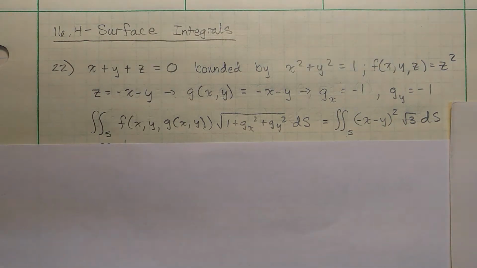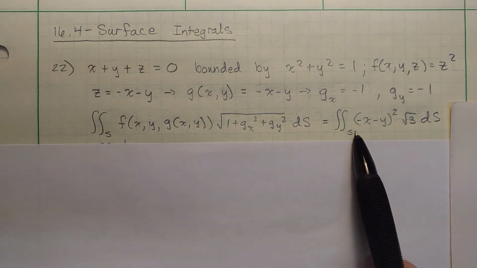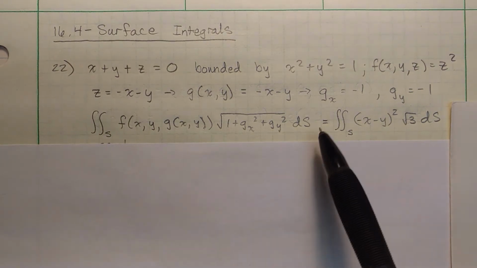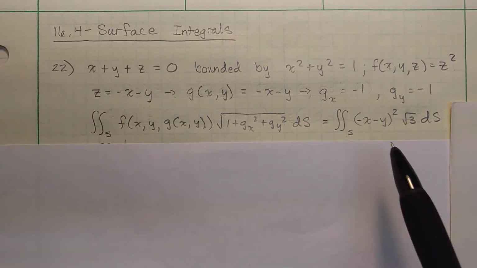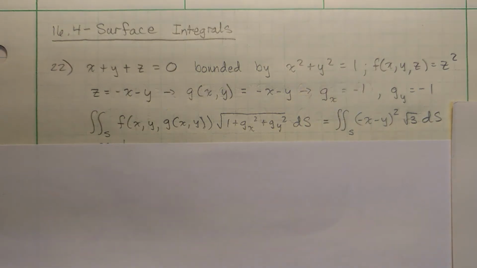Now the last thing we have to do is, the problem here is that this is in terms of x and y, and I don't know the limits for x and y given this situation. Since this is a cylinder, the easiest way to do this is to change it into polar coordinates.